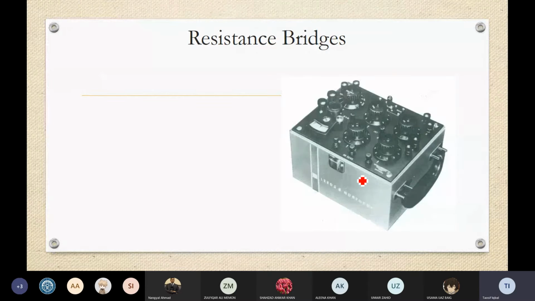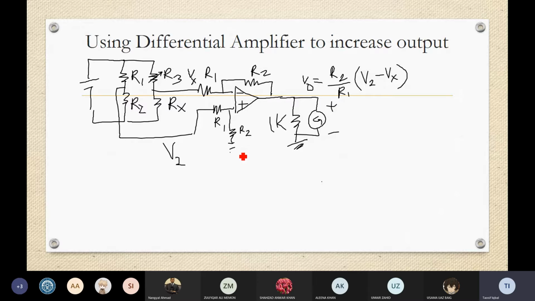So this is basically a practical resistive bridge in which we have two resistances R1 and R2 fixed, and we can vary the value of R3, and on the output side we can connect the unknown resistance, and then we can find the value of the unknown resistance.